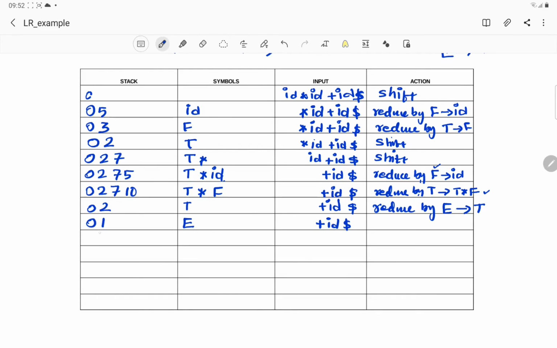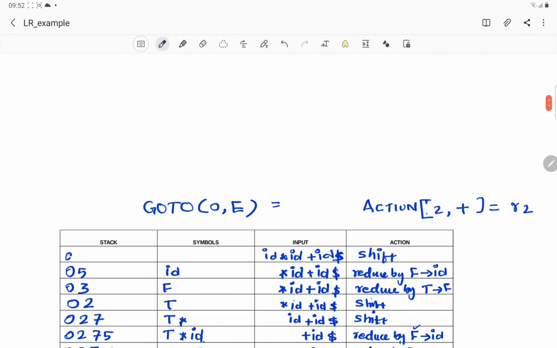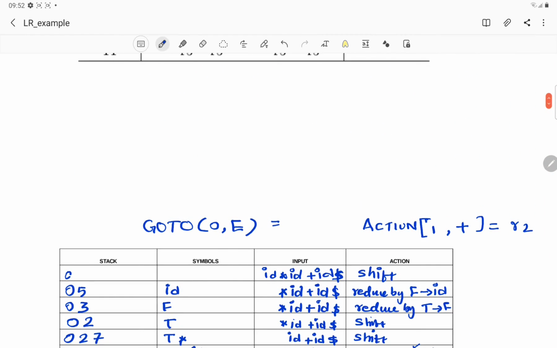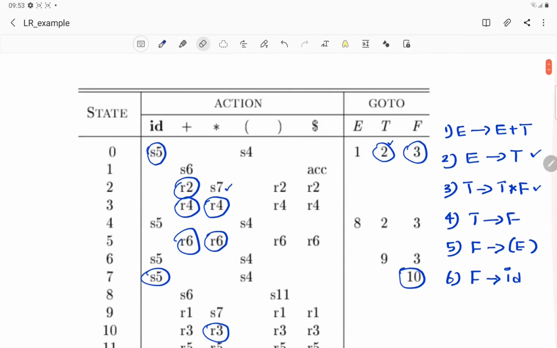Now stack top is 1, and input is plus. So we have to consider action of 1 comma plus. What will be the value for that 1 comma plus?